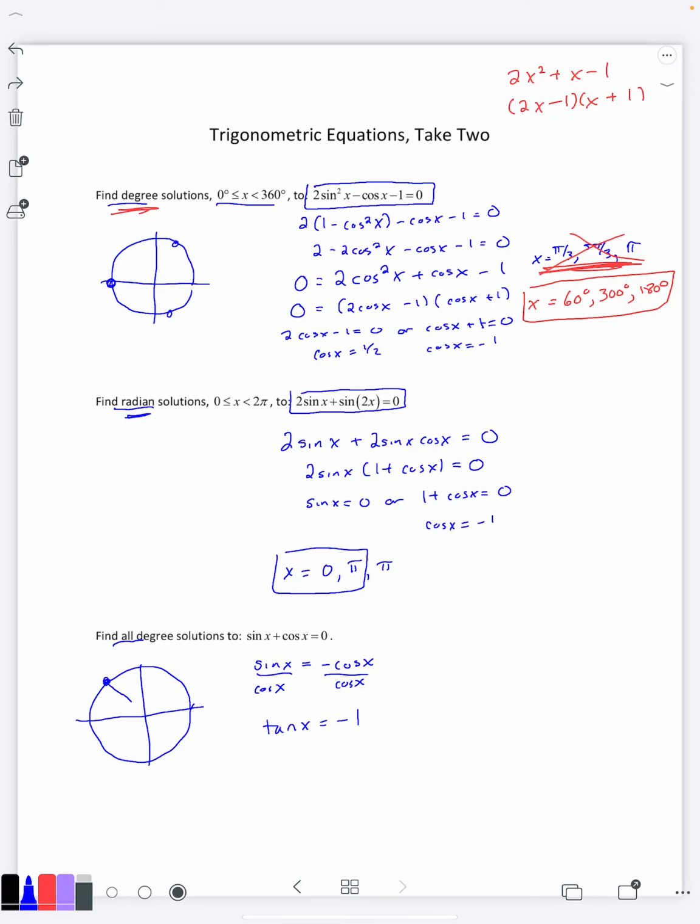That's up here at 135 degrees. That's also down here at 315 degrees. And it did ask for all degree solutions. So 135 degrees plus 360 degrees times an integer, and then 315 degrees plus 360 degrees times an integer.